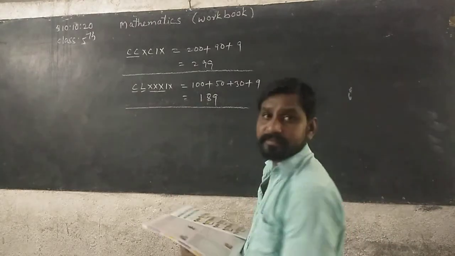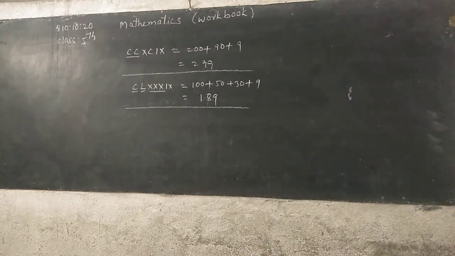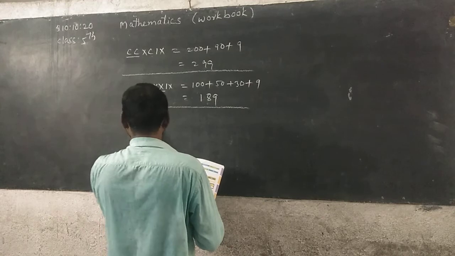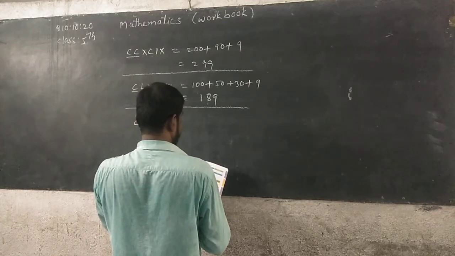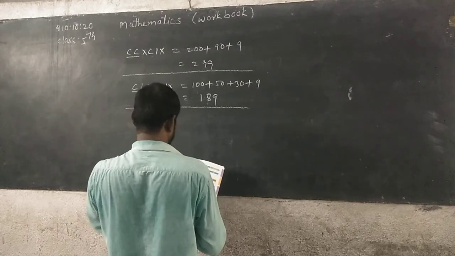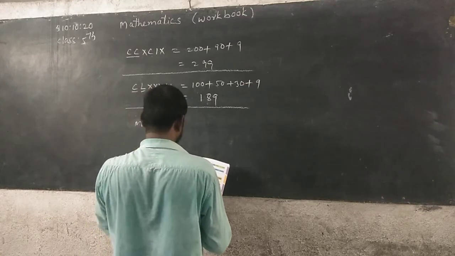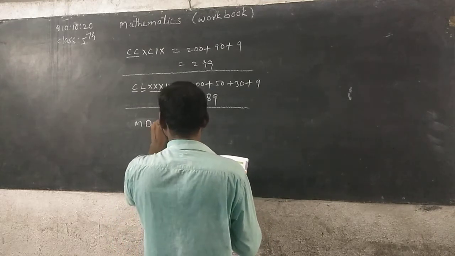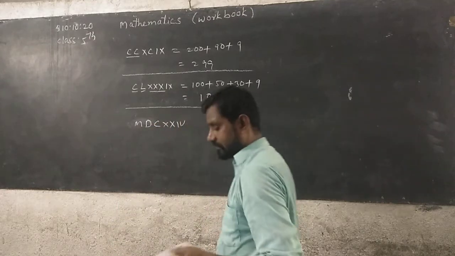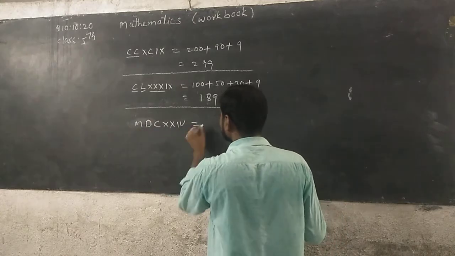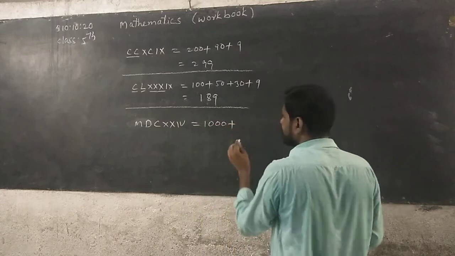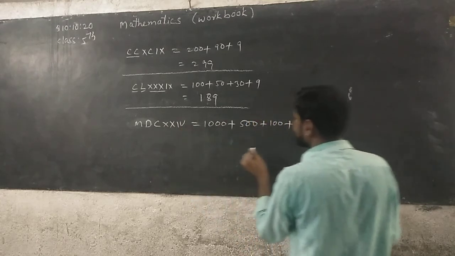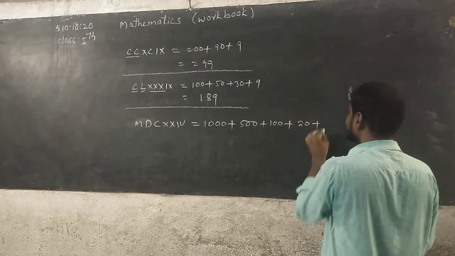Now next, see here, last one: MDCXXIV. See here, M is equal to 1000, D means 500, plus C means 100, plus XX means 20, plus IV means 4.